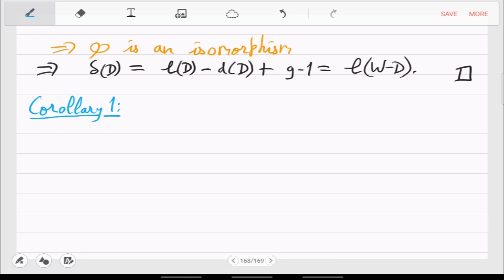So first corollary is what Rishabh was pointing out before, that if a divisor has high degree, so this becomes quantitative now. If you take a divisor of degree 2g minus 1 or more, then Riemann's estimate is exact.